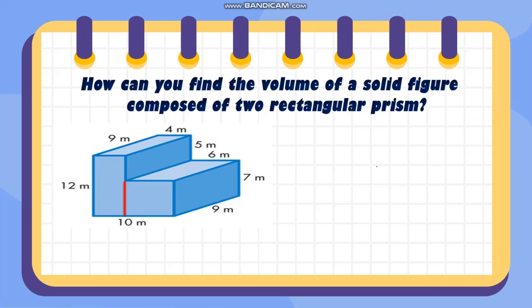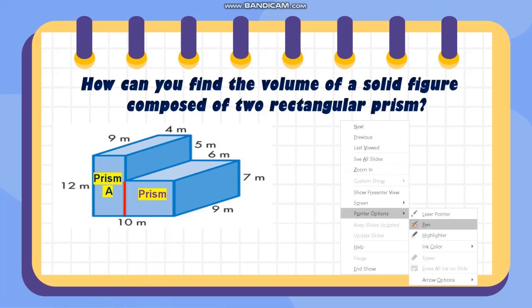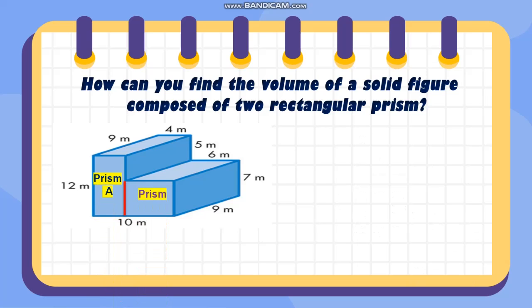If I cut it here, this is now my prism A and this is my prism B. To make it clear for you, I'm going to shade prism A so that you can identify which is prism A and which is prism B. So this is prism A, as you can see here, and the other one is prism B on the right side.